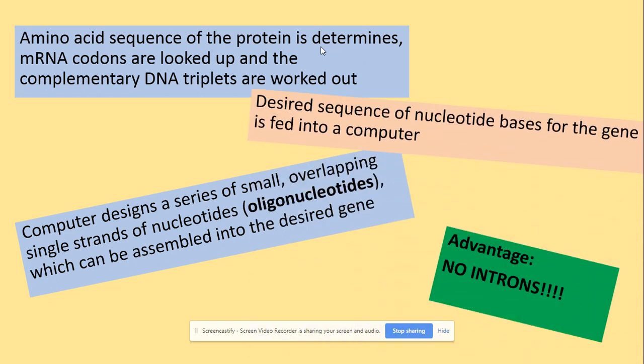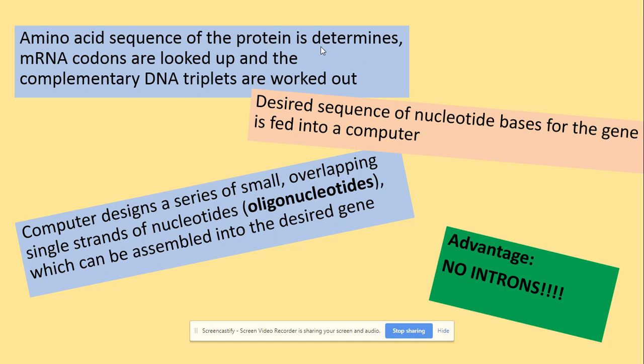So we only need the amino acid sequence of the protein that we are interested in. That will work out complementary DNA triplets. That sequence will be then fed into the computer. Complementary nucleotides will be added, those are called oligonucleotides, to assemble this specific gene.